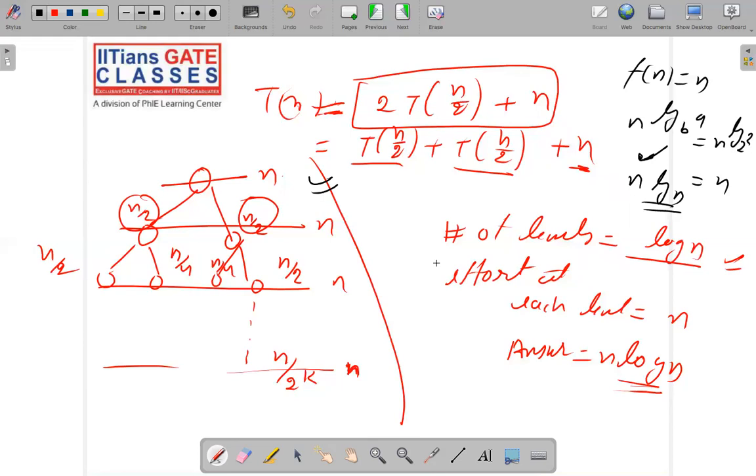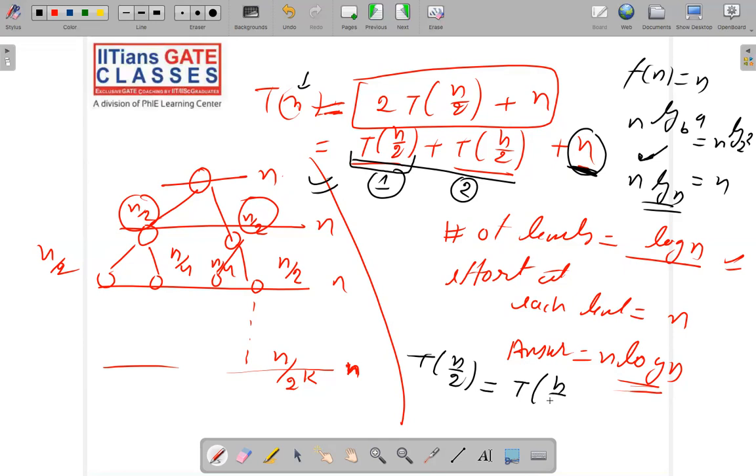So the master theorem matches with the recurrence tree method also. In the recurrence tree method, you basically identify the recurrence terms, like here this is one term, this is the second term, and the total effort at the base level is n. This n is equivalent to this one. Once you replace it with n by 2, it will become T(n by 2 square) + T(n by 2 square) + n by 2.